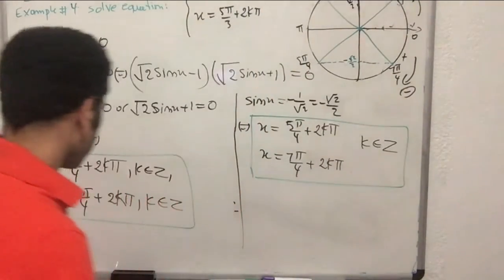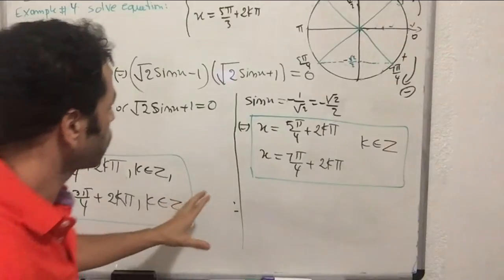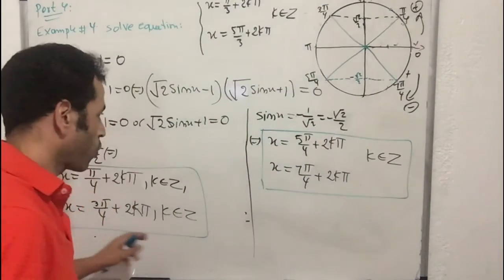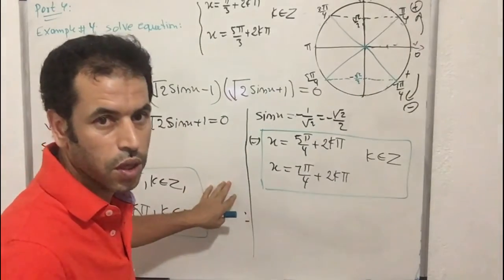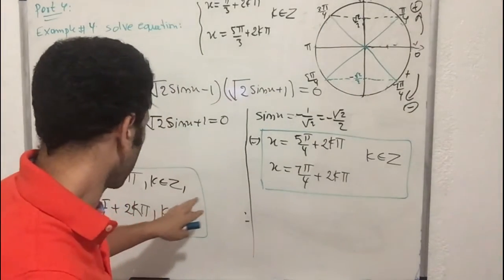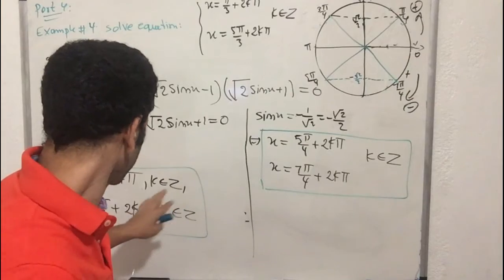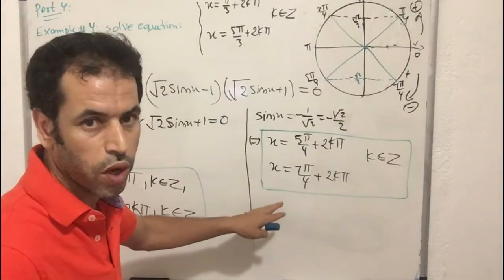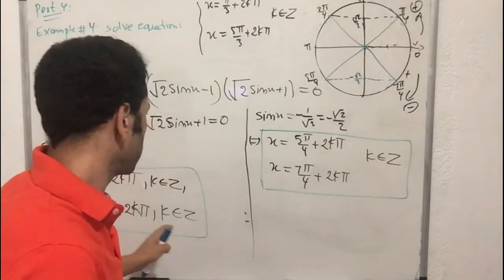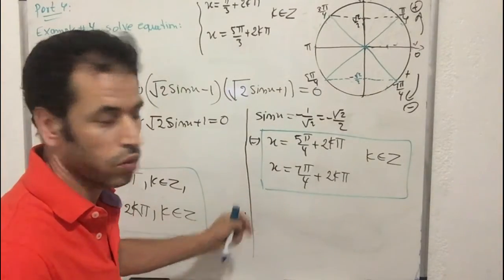So now, since we have 4 equations, I have 2 choices. I can leave it like this as 4 equations, okay? With different solutions. Mathematically it is correct, but I can put these 4 equations in one equation, okay?